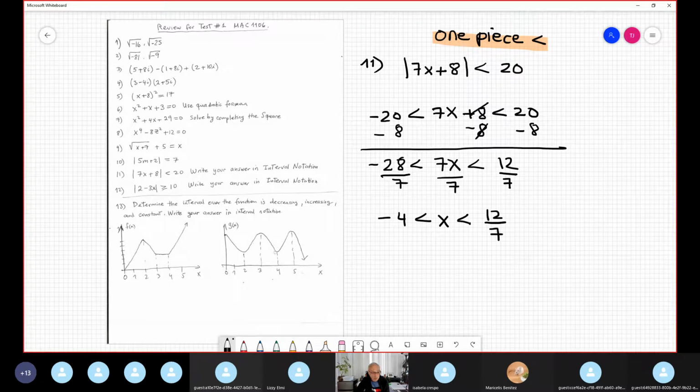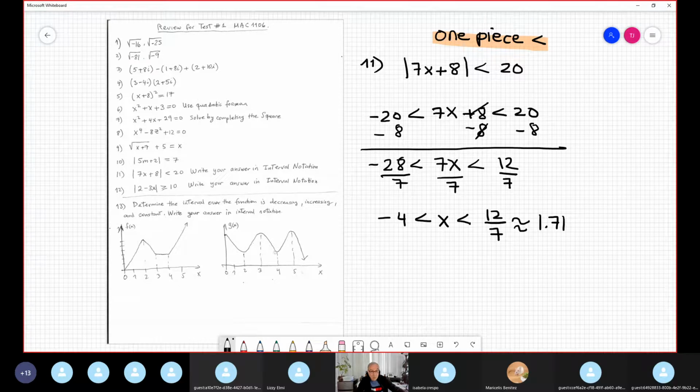You know, 12 over 7 is a fraction. You want to have some idea, so you convert to decimal immediately. 12 divided by 7 is 1.71 approximately. This is an approximation, 1.71. Okay, and leave it like that.